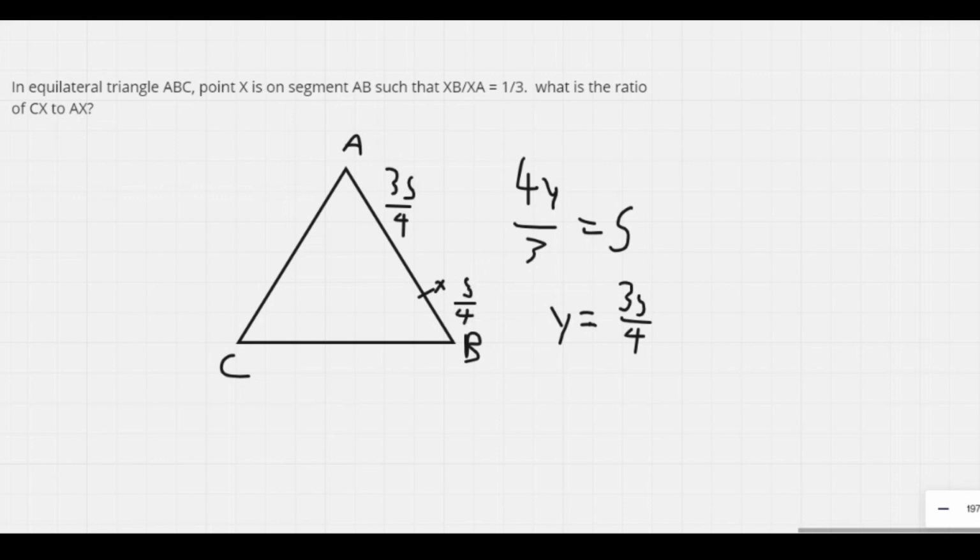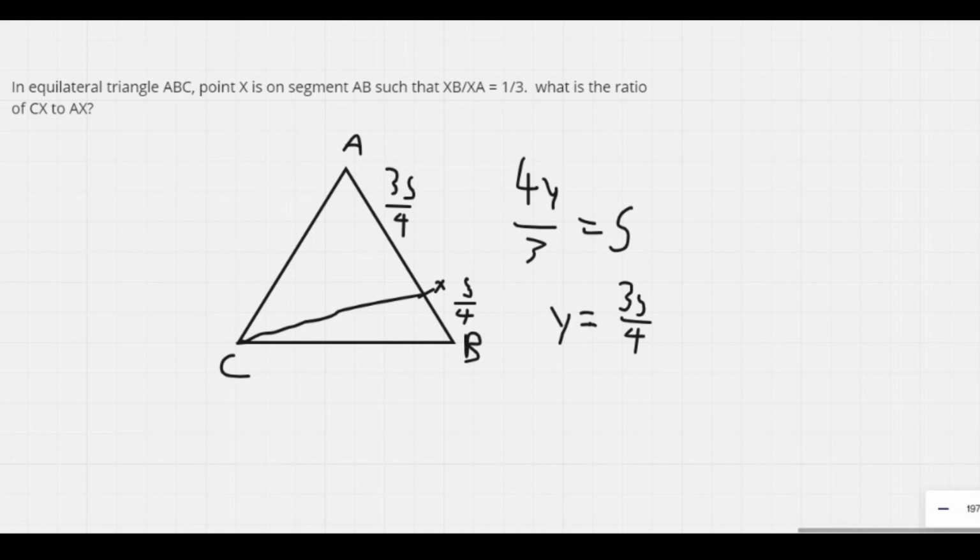So now we need to use the properties of the equilateral triangle to find CX. This one right here. We can use the fact that any altitude in an equilateral triangle will also serve as the median and an angle bisector. So consider the altitude from C to AB.